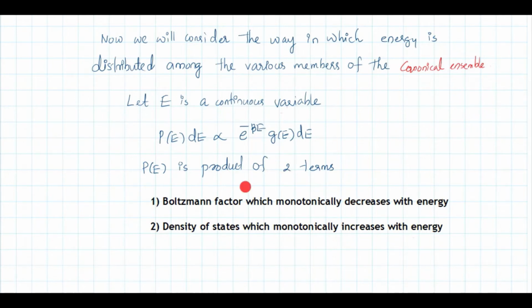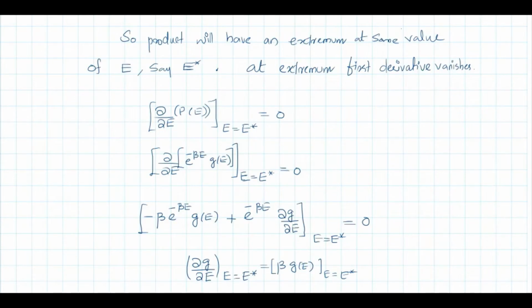The other factor will monotonically increase with energy. So naturally, we can expect an extremum at some value of E, say E star.